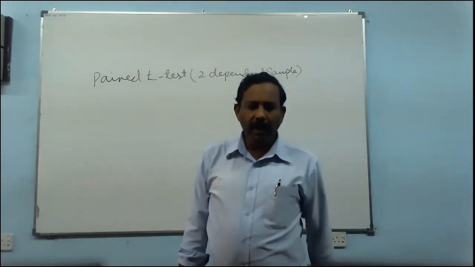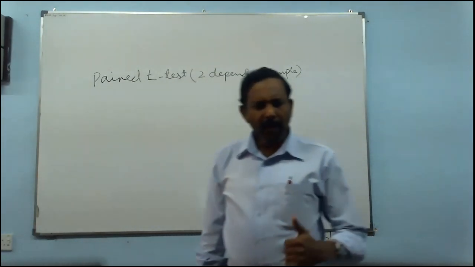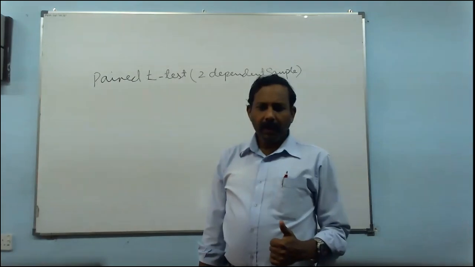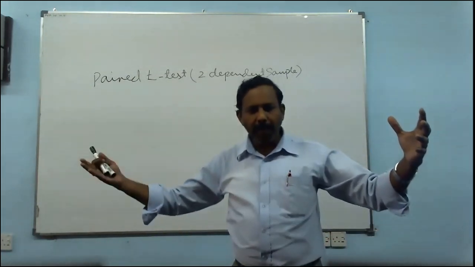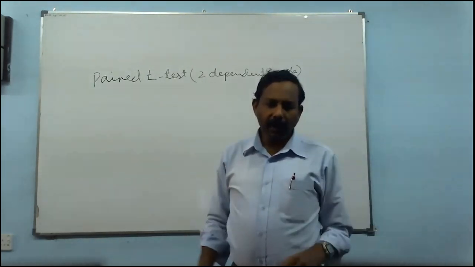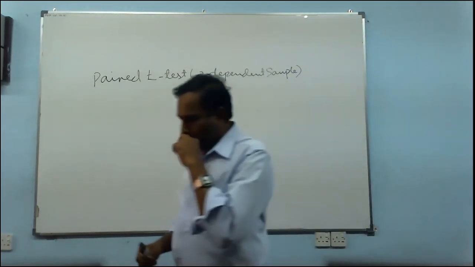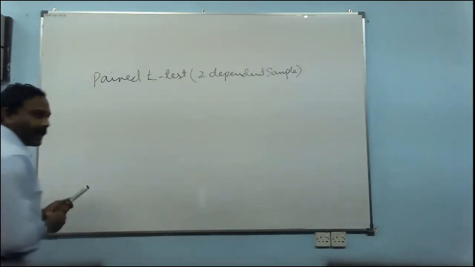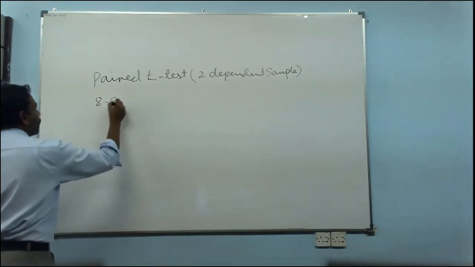Just to start with the paired t-test, a few examples. What do you mean by pair? In the earlier case, we had two groups of population, totally independent, and their responses are independent. But here it is dependent.